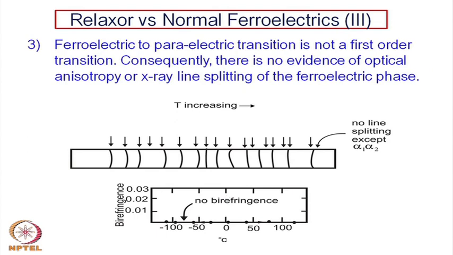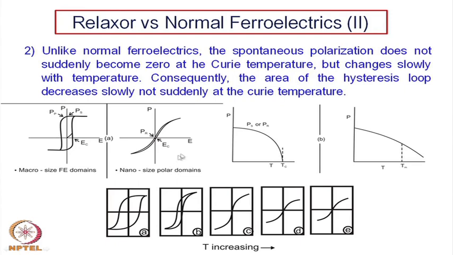Then you have a third point of deviation: the ferroelectric to paraelectric transition is not a first order transition. Okay. In fact, any first order transition will be associated with a change like this, a discontinuity like this, but since it is not a first order transition, it follows a more gradual change.